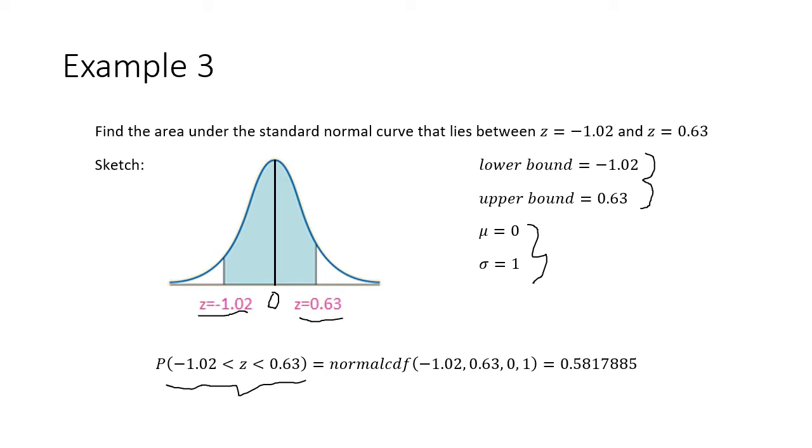And again, those are really the three types of finding probabilities and finding areas that we're going to deal with, either unbounded to the left where it's smaller than, unbounded to the right where it's bigger than, and then here in example 3, when we're actually bounded in the middle between two values.